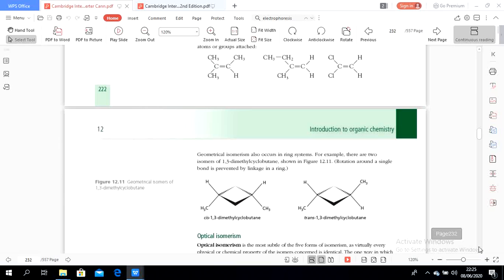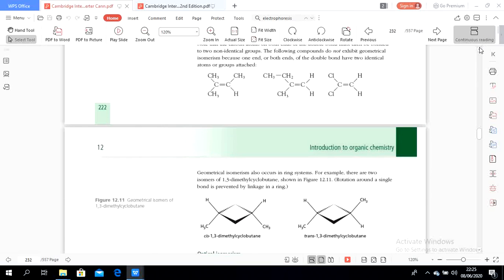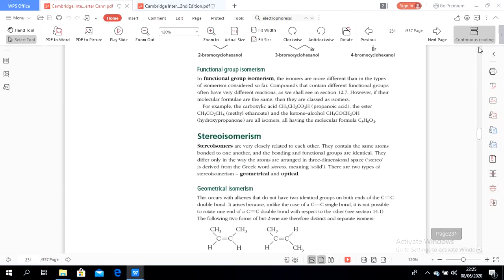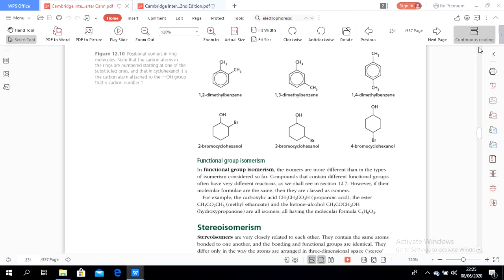This one is also different, like 1,2-dimethylbenzene and 1,3-dimethylbenzene, meaning the position of the methyl group is at position 1, 2 and 3.